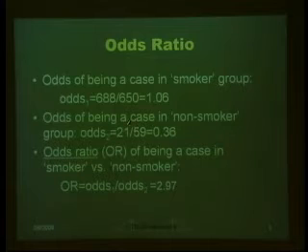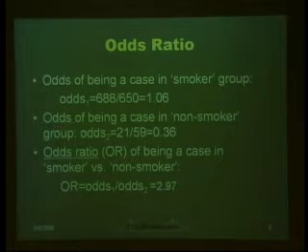And usually for this kind of table, what we do is calculate the odds ratio. In order to get the odds ratio, we first calculate the odds. The odds of being a case in the smoker group is easy to do: just the number of patients divided by the number of controls in the smoker group, which gives 1.06. The odds of being a case in the non-smoker group, you calculate in a similar way: 21 divided by 59, which gives 0.36.